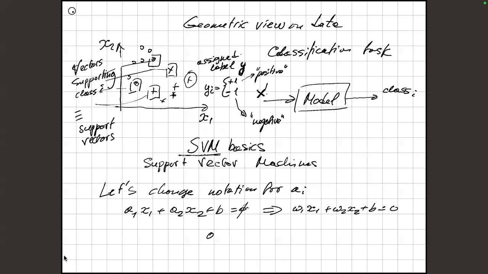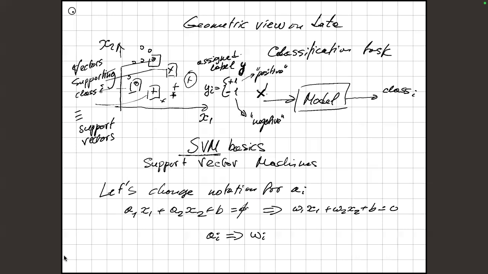So Ai to Wi. Again, that's moving from geometry to machine learning native notation, where these coefficients, as you can guess, are weights of different coordinates of feature vectors that contribute to classification.